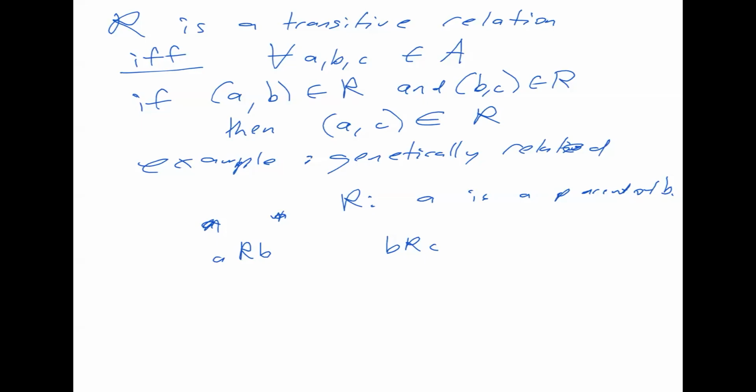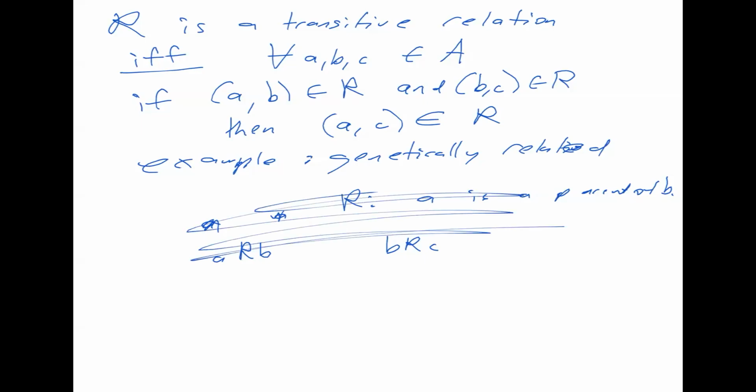But can anybody else think of a transitive relation? How about strength? How about this? A is stronger or faster. How about faster? A is faster than B. Would that be transitive?